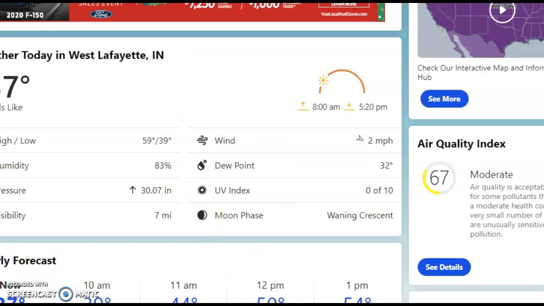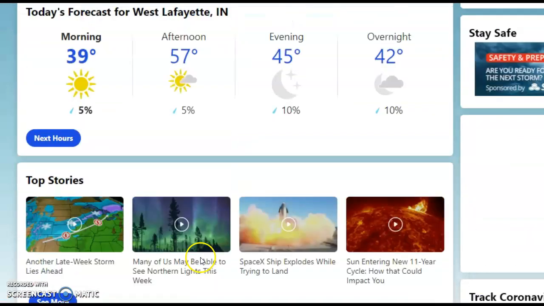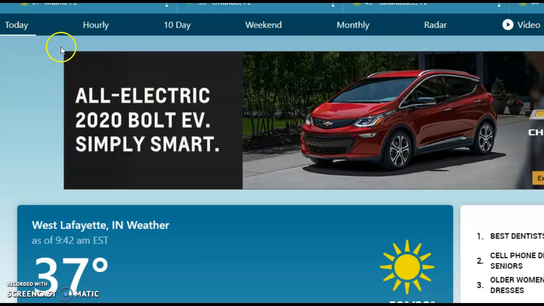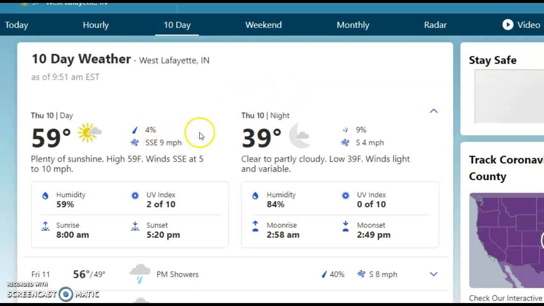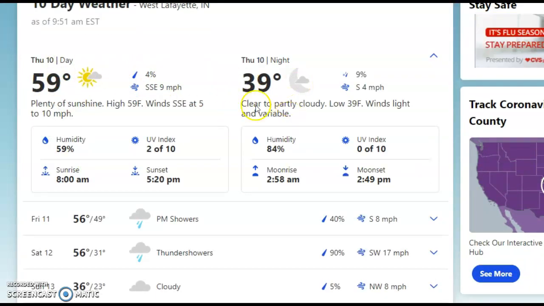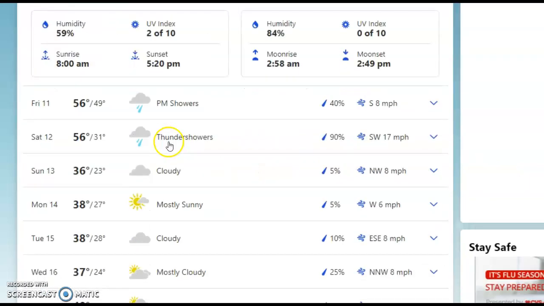The way we can see tomorrow's temperature is if you go up to the top, you can see today, hourly, 10-day, weekend, monthly, and radar. We're going to look at 10-day. Now I can see that this is the day of today.